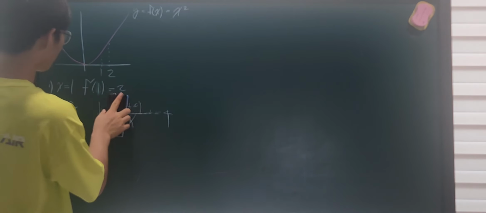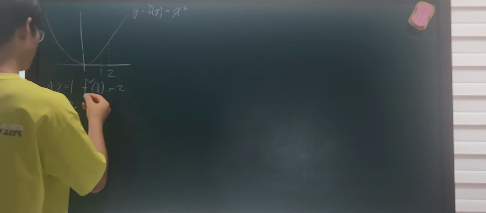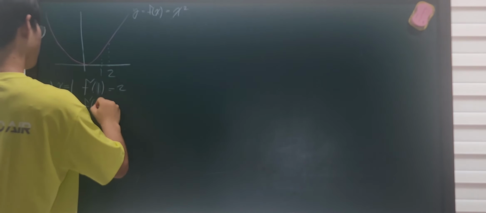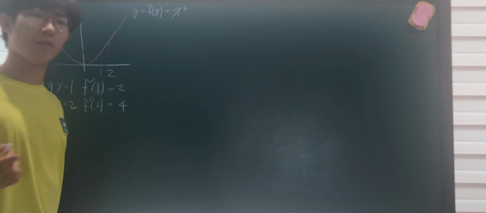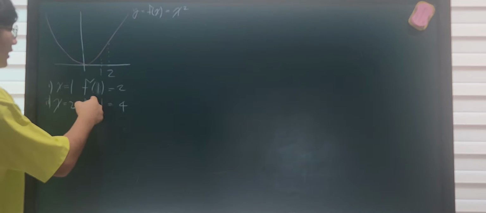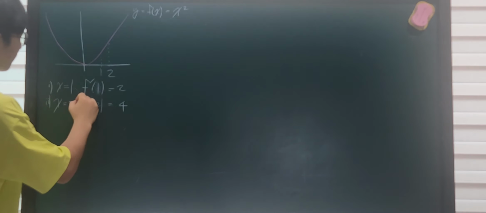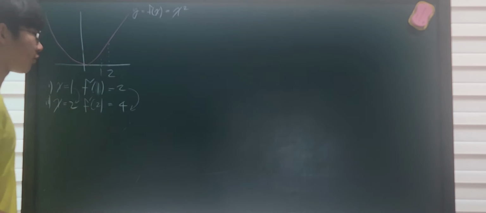Okay, so we calculated f prime 2, which is 4. F prime 2 equals 4. Right now, I'm seeing a little bit of a relationship, although I am not 100% sure. However, you can see that as x increased by 1, f prime increased by 2, right?